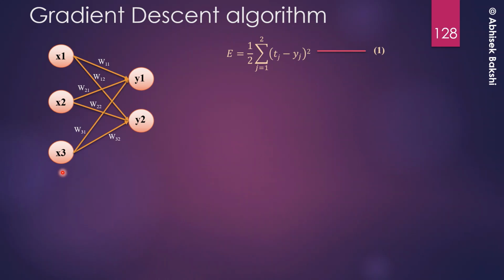Now, if the nature of the data demands that a particular neuron should be very less active, automatically the weights will be adjusted accordingly. That I have already mentioned. So you see, for each and every independent connection, we have independent weight values. And you see how I have named the weights. This is x1 and this is y1, that's why I wrote w11. This is x1, this is y2, that's why I've written w12.